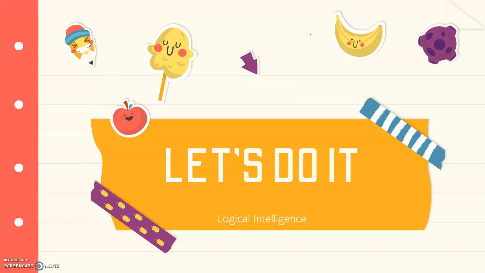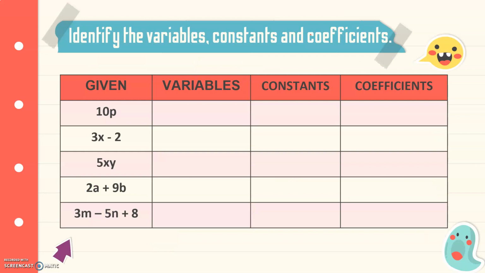Now let's have some examples to better understand these concepts. Let us identify the variables, constants, and coefficients in the following expressions. Let's start here at 10p. First, we have here a variable p.